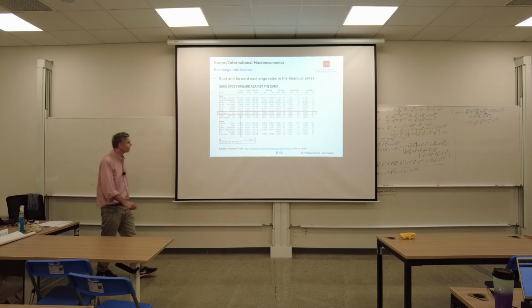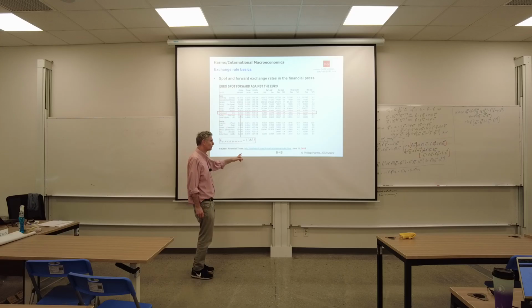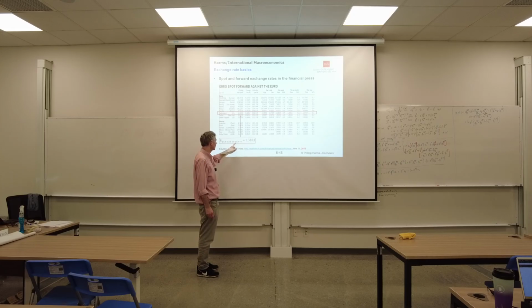So this was in the good old times, June 11, 2010. The amount of Swiss francs you had to pay for 1 euro, this is backward looking, this was on June 10, 2010. So on June 10, believe it or not, you had to pay on the spot market 1.38 Swiss francs for 1 euro.